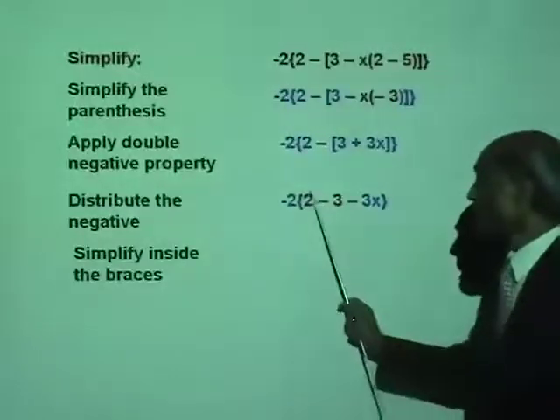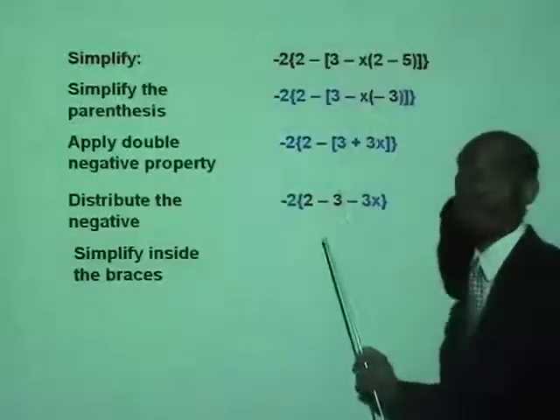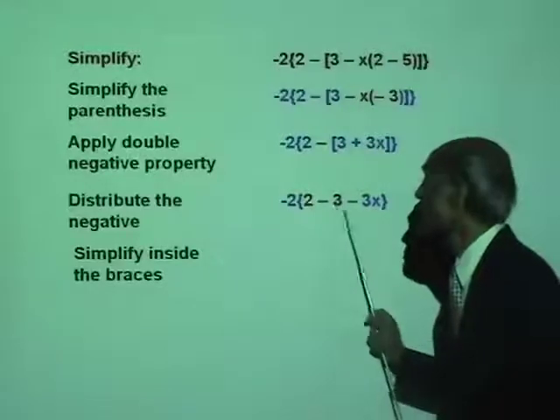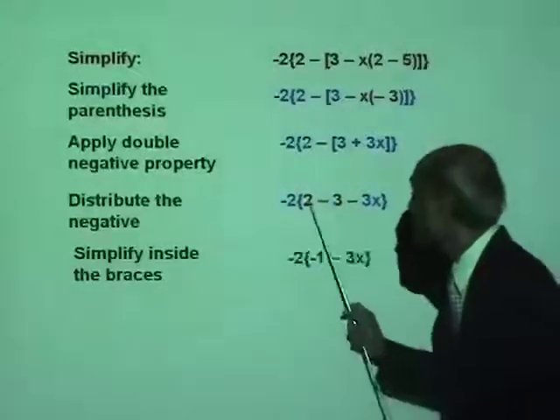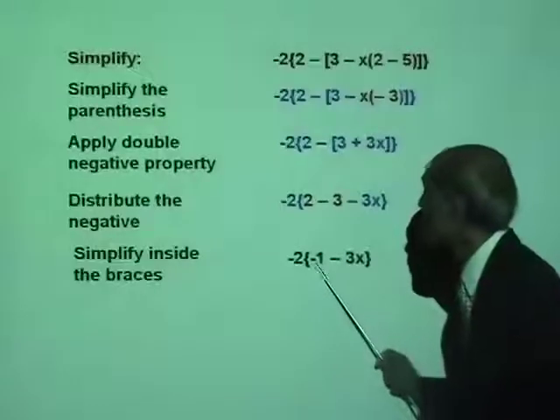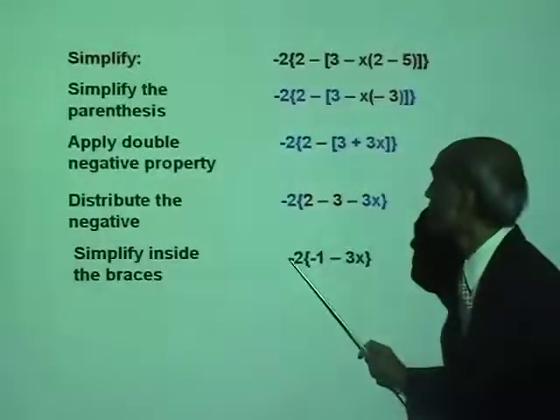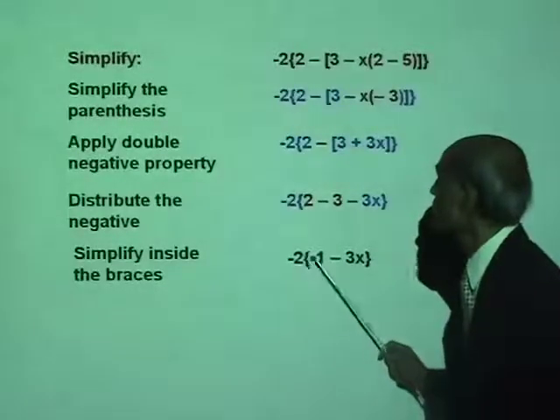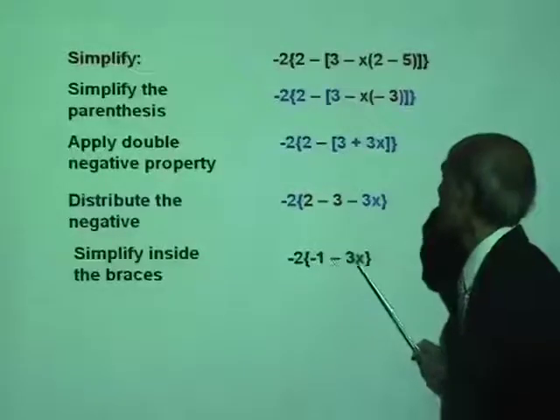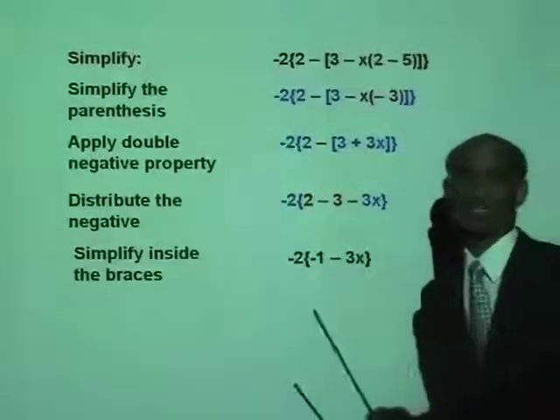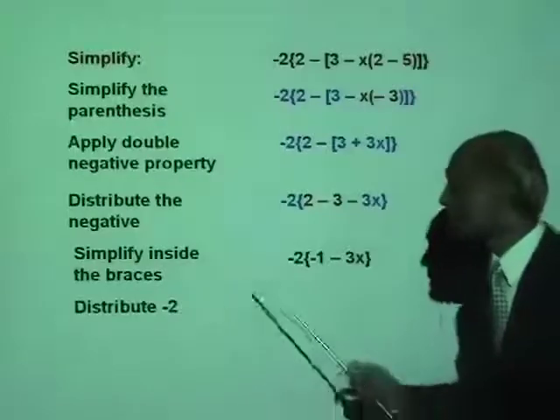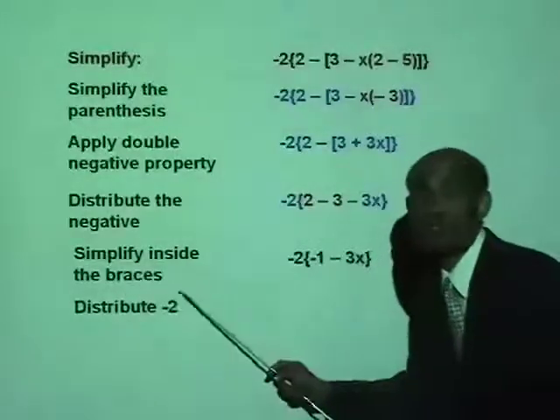And now simplify the inside. What will that become? What is 2 minus 3? 2 minus 3 is negative 1. So that now becomes negative 2 in braces, negative 1 minus 3x. Okay, the next one, we distribute the negative 2.